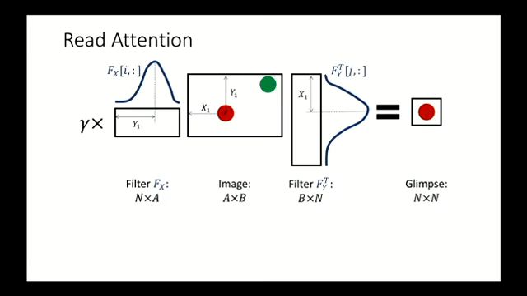So read attention. Now let's go into details of what happens inside that block. You have an input image. One operation you could do is basic filtering, because we do filtering pretty well. So you have an A cross B image. You define filter sizes n cross A and B cross n. Then matrix-wise algebra is clear that the output will be n cross n. Then you define these filters to be Gaussian, so that it will be highly non-zero at some part and 0 everywhere else.